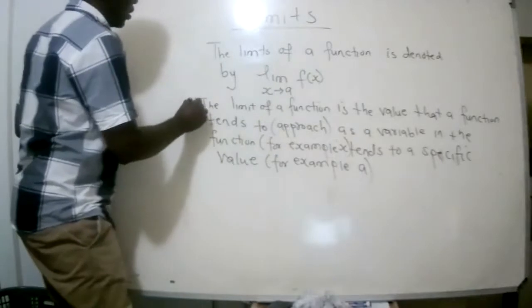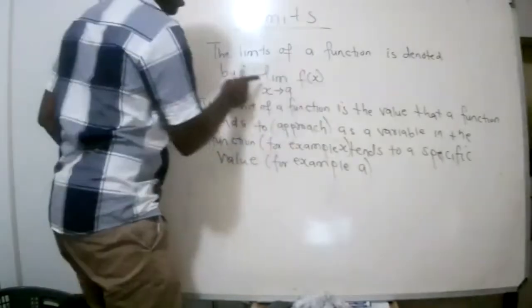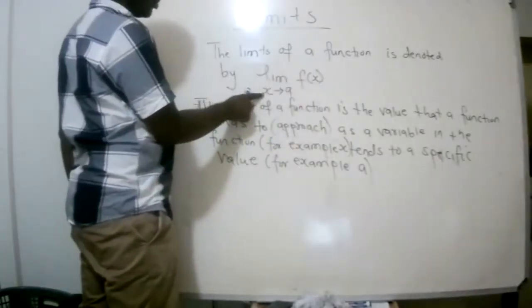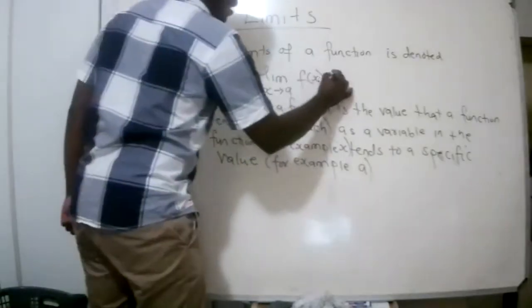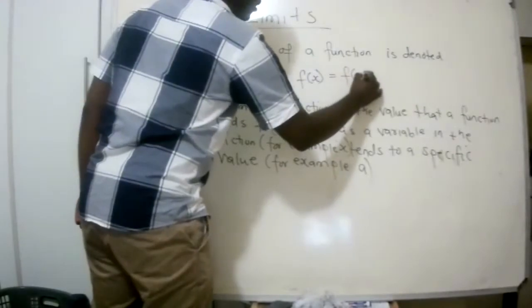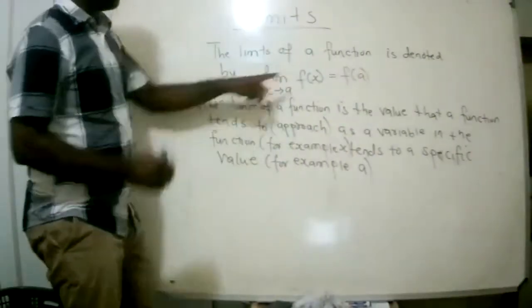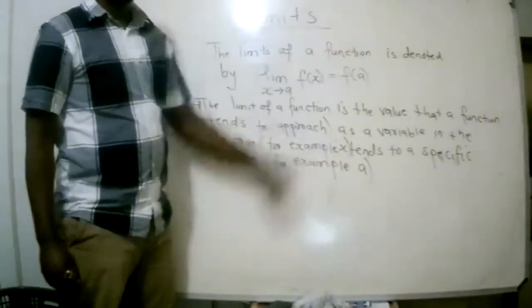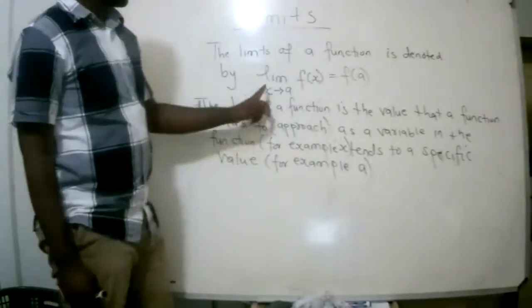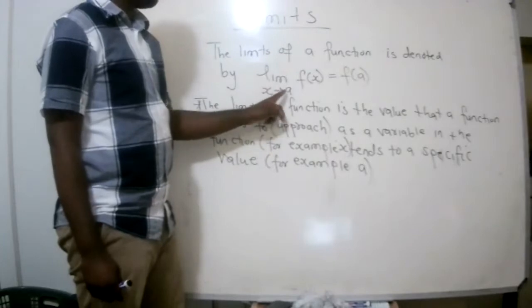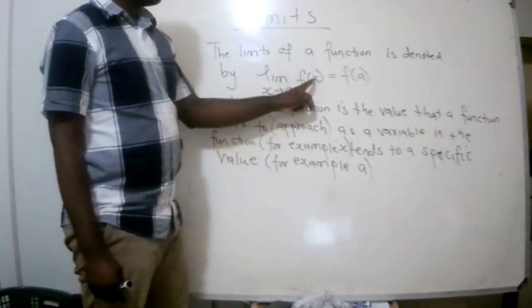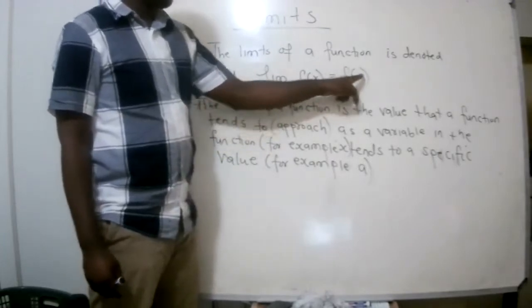Here on this definition, we are explaining what we have here. As x tends to a, the function f of x will tend to f of a. So wherever we have a, you just do direct substitution, because when x approaches a, the function f of x will approach f of a.